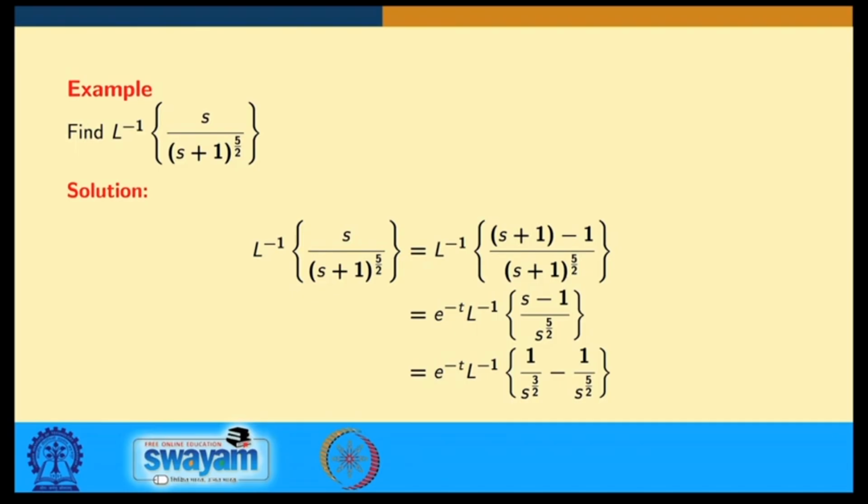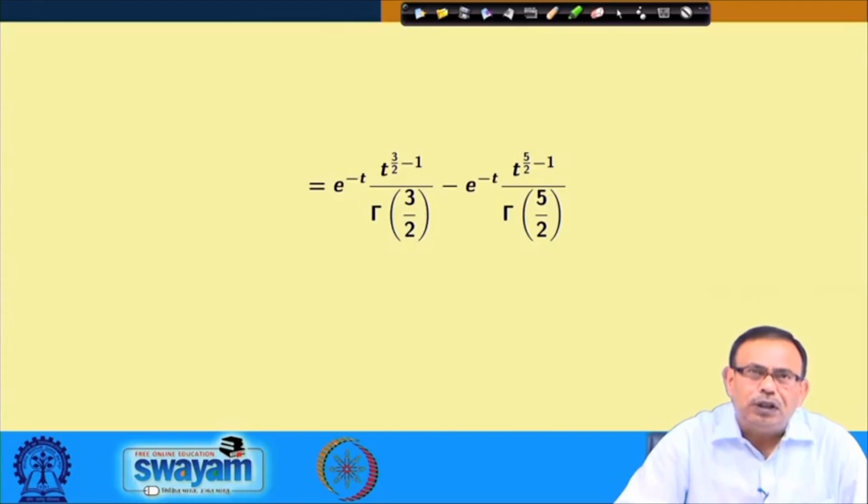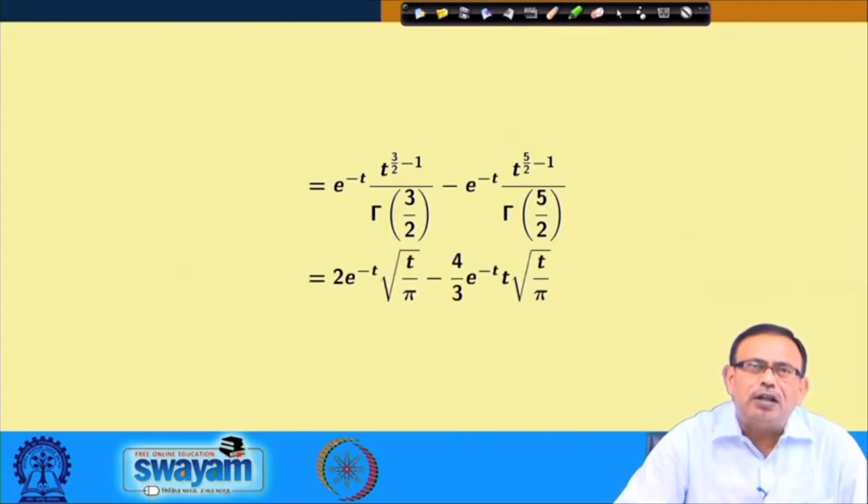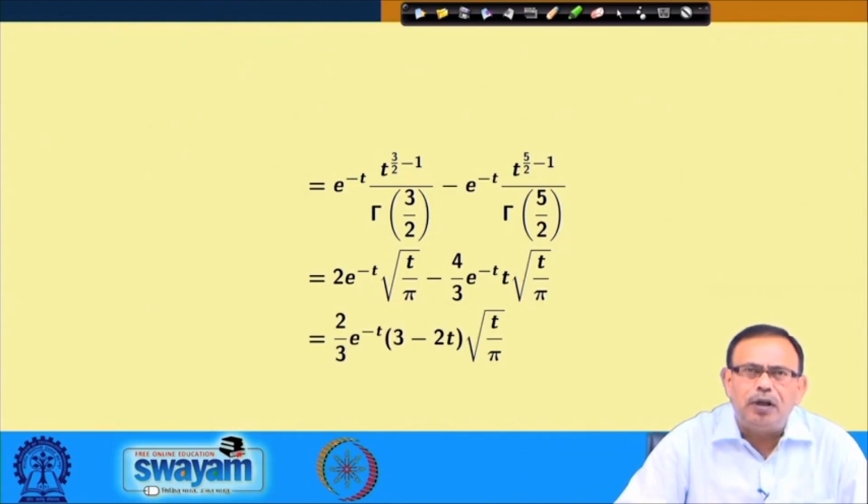From here I can write it in two parts. This is gamma half, up to this I have done. This I can write as e to the power minus t into root t by pi. I am breaking it using the property gamma n plus 1 is n gamma n, and ultimately you will get the result as 2 by 3 into e to the power minus t into (3 minus 2t) by root over t by pi.